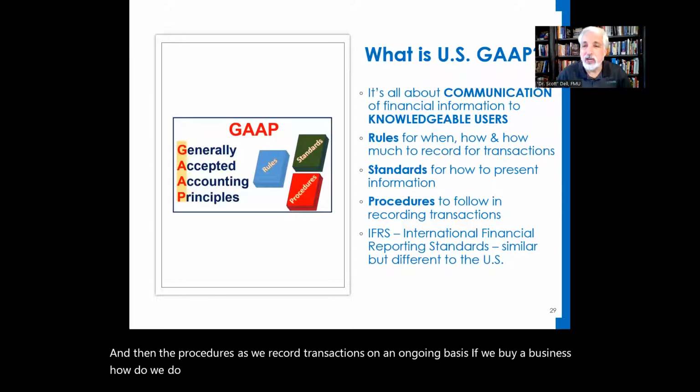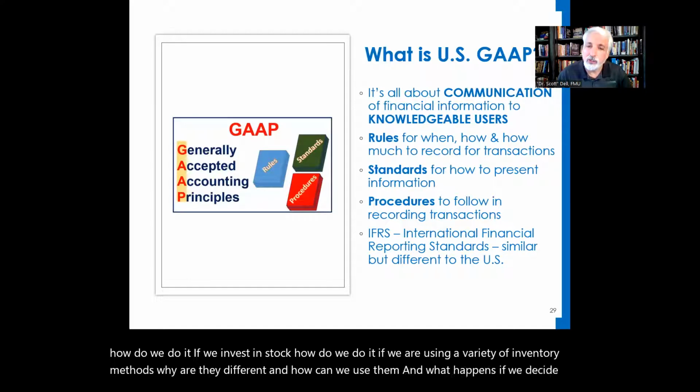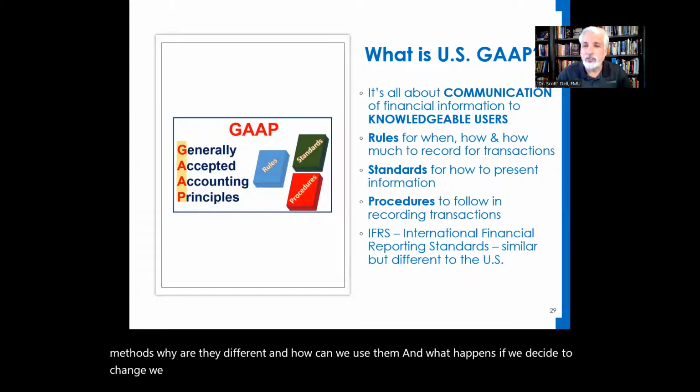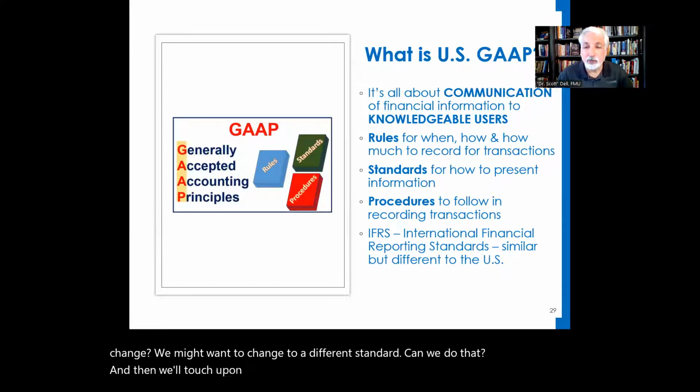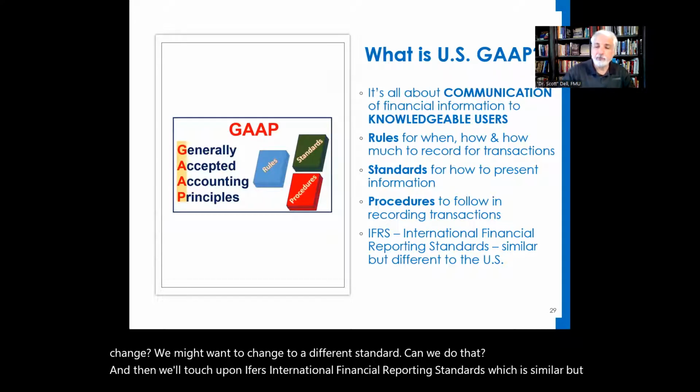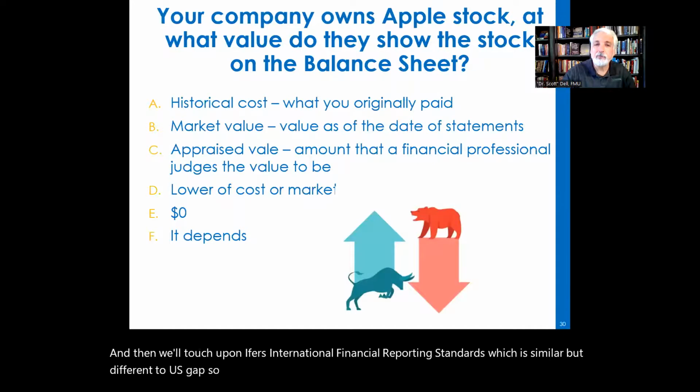If we invest in stock, how do we do it? If we are using a variety of inventory methods, why are they different and how can we use them? And what happens if we decide to change to a different standard? Can we do that? And then we'll touch upon IFRS, International Financial Reporting Standards, which is similar but different to US GAAP. So that's where we're headed on all this.